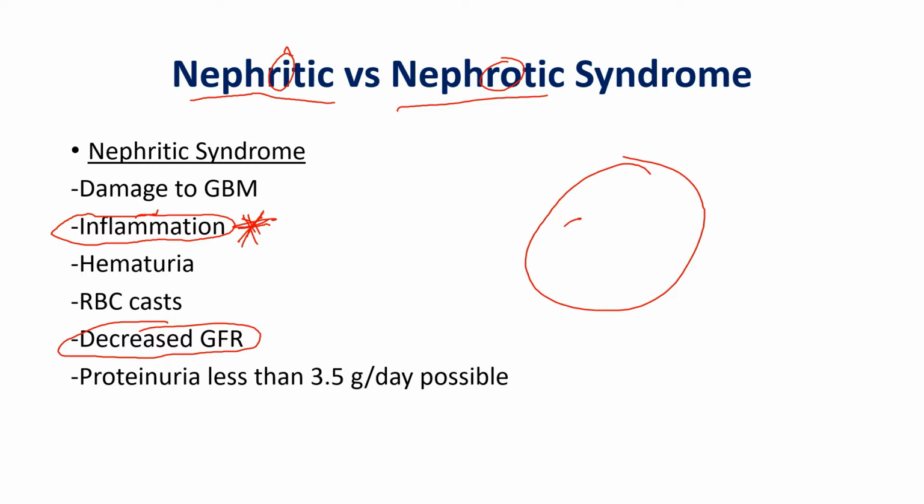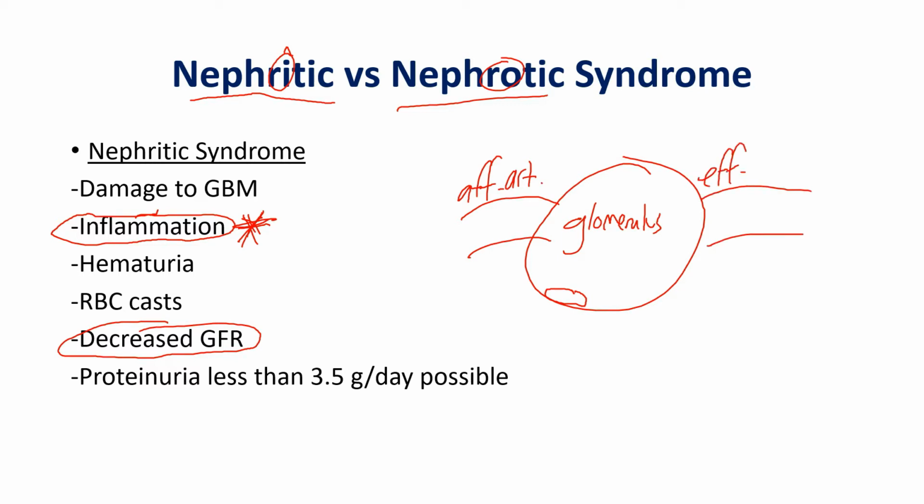So if this is our glomerulus, blood enters from the afferent arteriole, and of course blood leaves over here from the efferent. All of the substrates that are able to be filtered into the nephron would go out through here. There's something called a filtration membrane, and there are three portions of that.